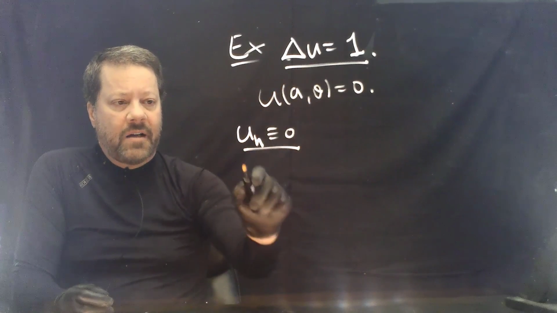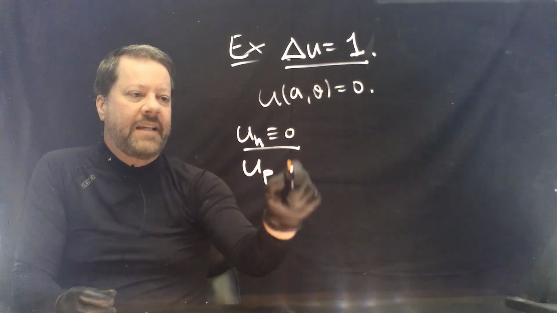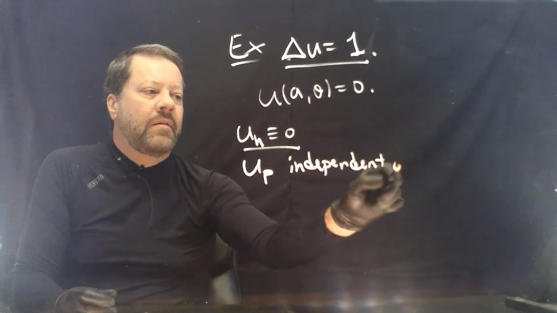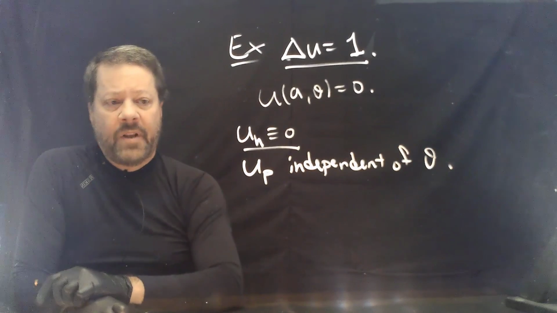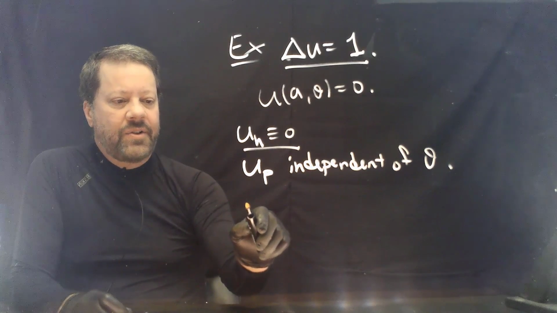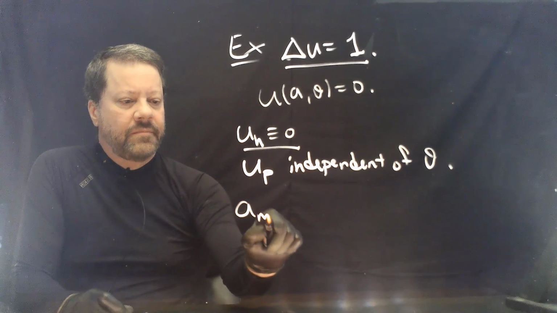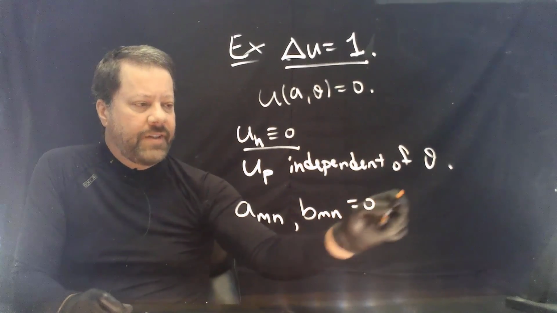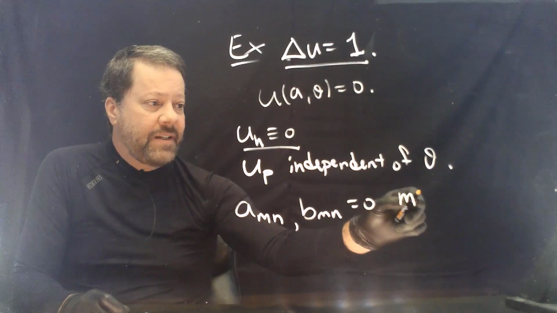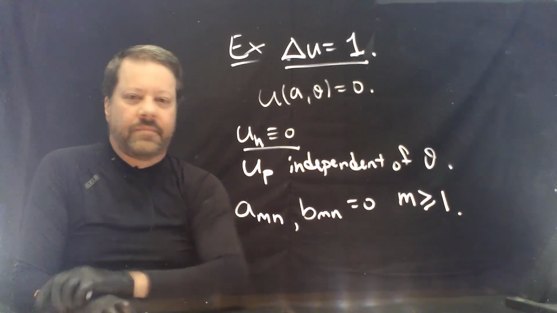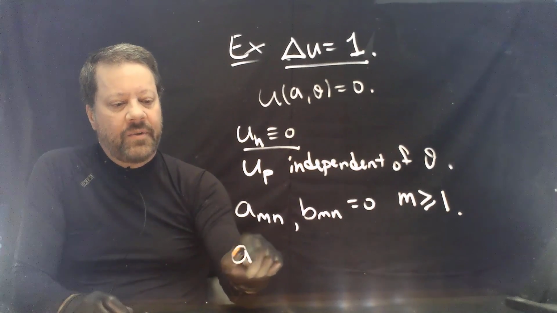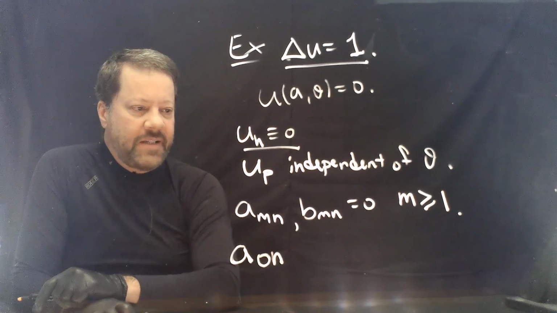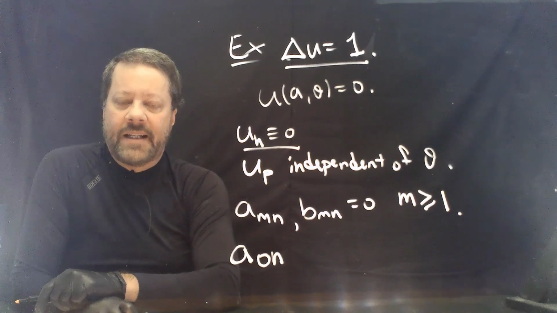As you can see, our particular solution must be independent of theta, which means that our solutions will give us 0 when m is bigger than or equal to 1. So then we turn only to a_0n, since b_0n is already known to be identically 0.